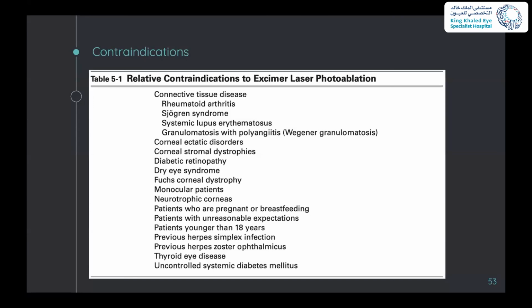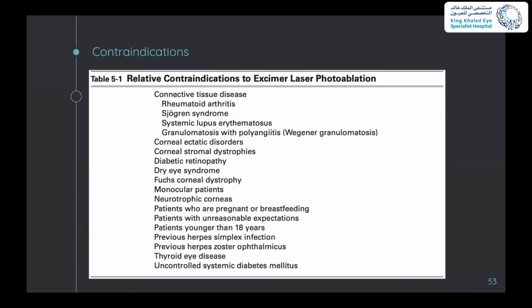Whenever you approach a patient for refractive surgery, in your history and in your examination, keep in mind the contraindications. For example, in history taking, as we mentioned, you should take care about connective tissue diseases. Clinically and by investigation, you need to make sure they don't have any ectatic disorder.